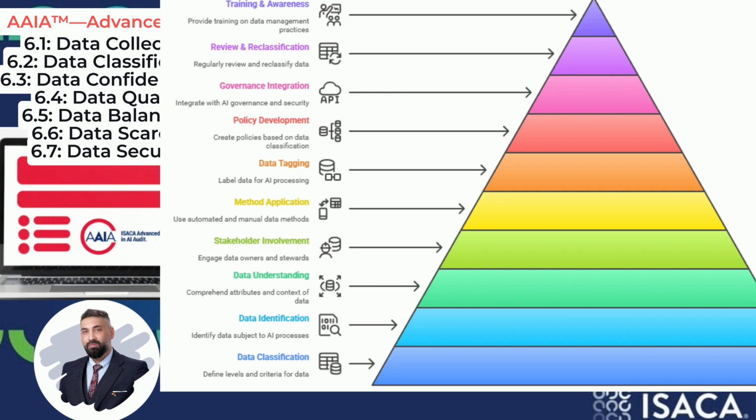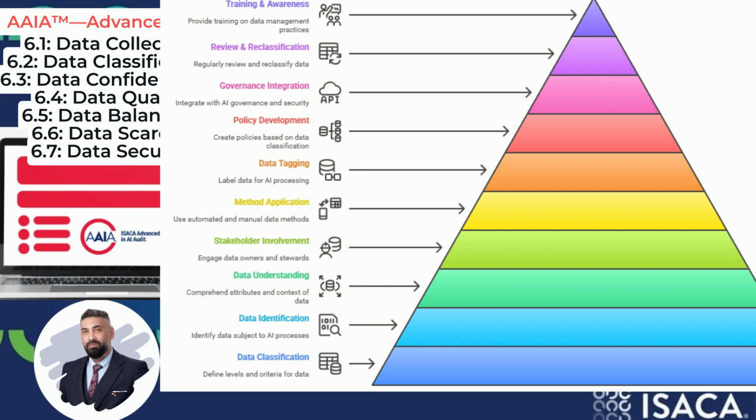What types of data classification are relevant to AI? Sensitivity-based classification. This is common, categorizing data as, for example, public, internal use only, confidential or restricted, highly confidential. Content-based classification. Categorizing data based on what it contains, such as personally identifiable information, PII, financial data, health information, intellectual property, etc. Compliance-based classification.